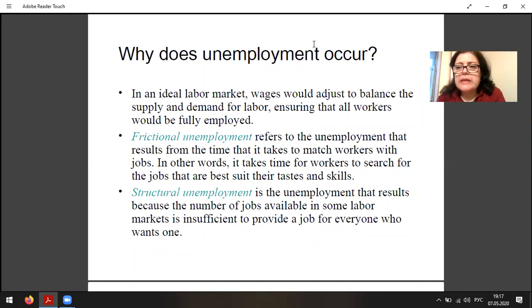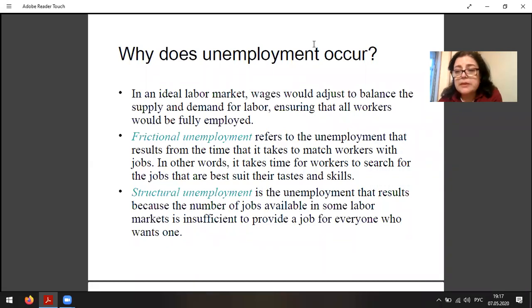But that's the ideal labor market. Unfortunately, we don't have such markets, because practice is difficult. The practice is strictly different from the ideal labor market.